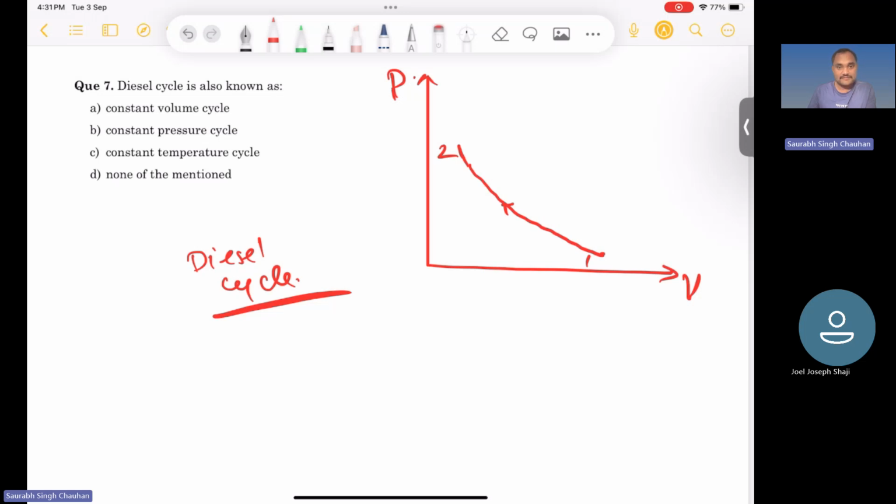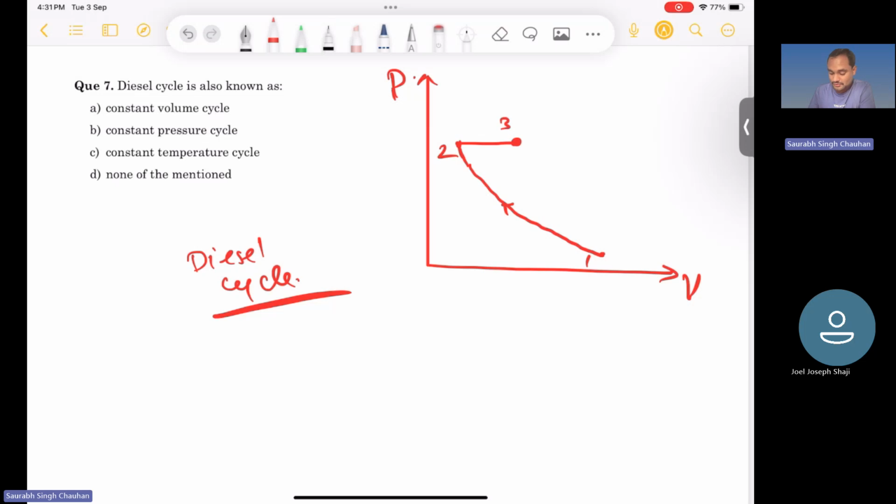Then heat addition at constant pressure or constant volume. In the SI engine, it was at constant volume. In the previous question, I think question number 1, we have seen that in the SI engine there is constant volume heat addition. But in the CI engine or diesel engine, the heat addition takes place at what? Constant pressure. So constant pressure heat addition.